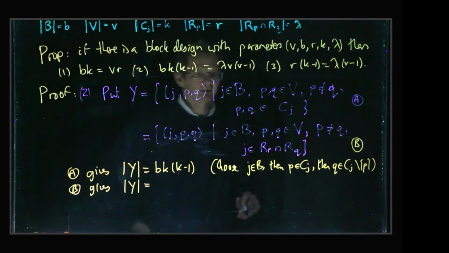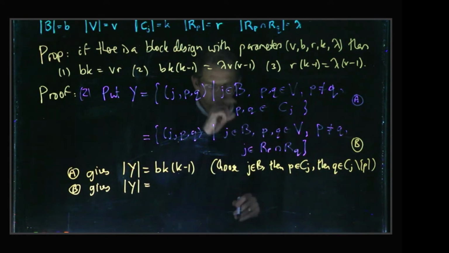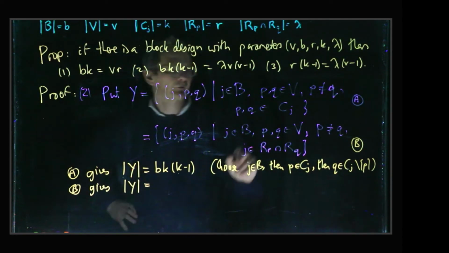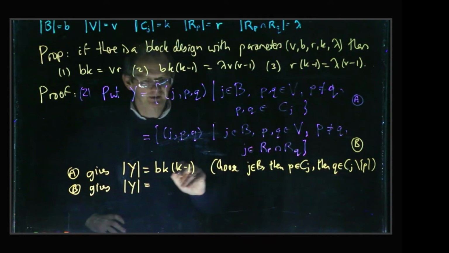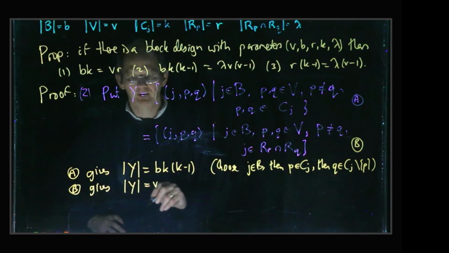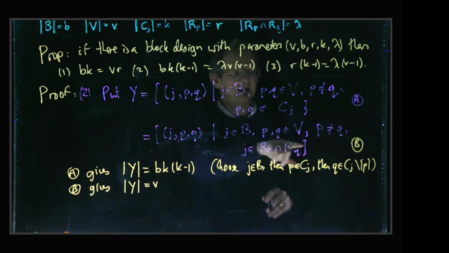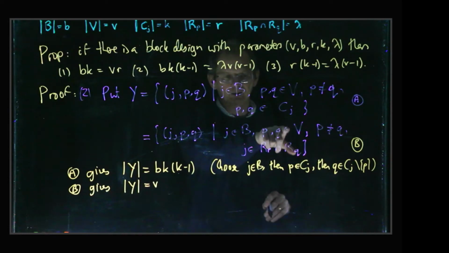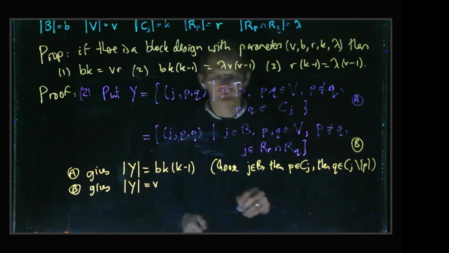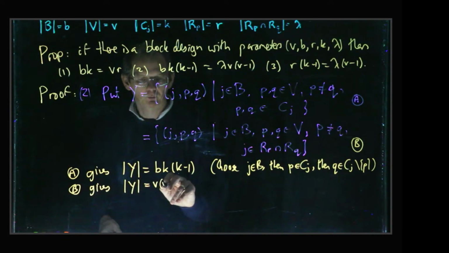Second description, we're going to first choose p. So that's got to be an element of set capital V. So little v is the number of ways we can do that. Then we choose our q. q is an element of V again, but it's got to be different from p, so that means one fewer choice.